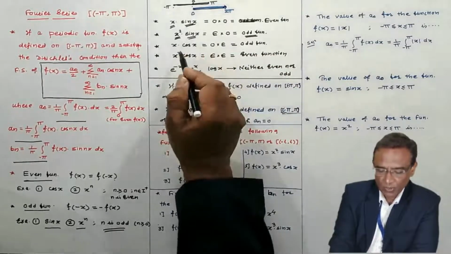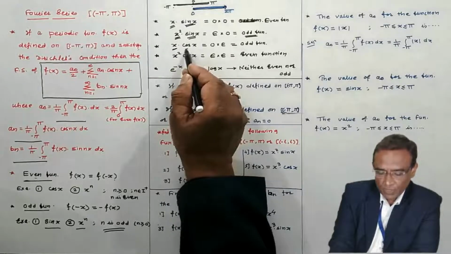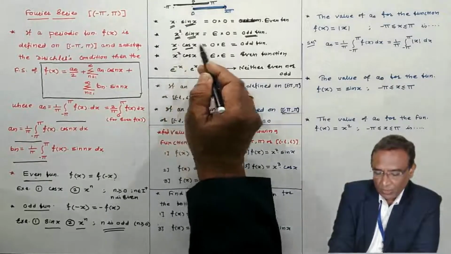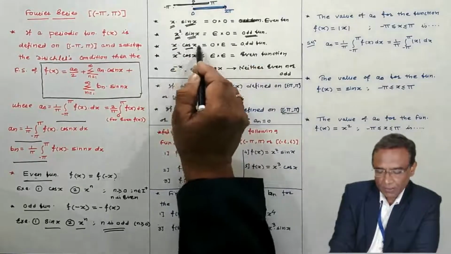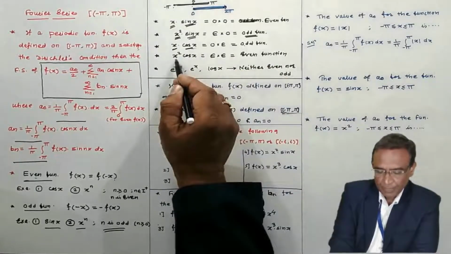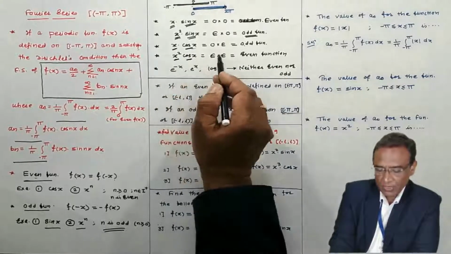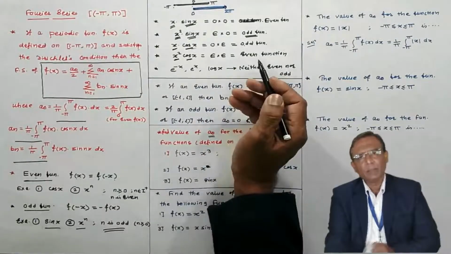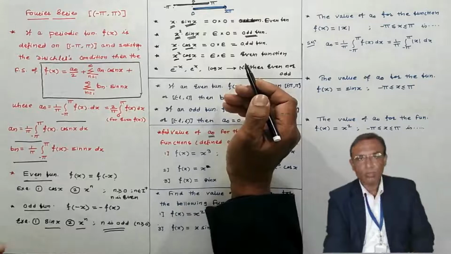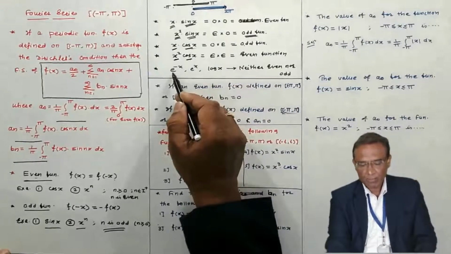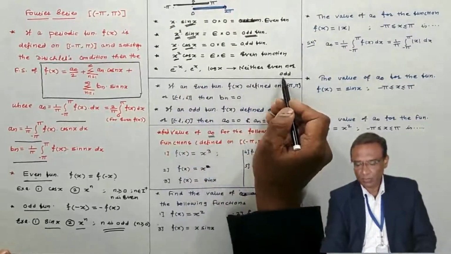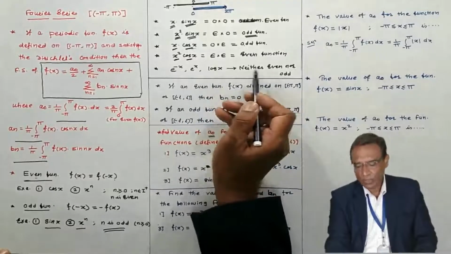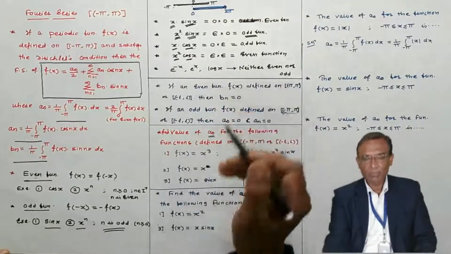This complete function is odd; this is odd, this is even, odd into even is what? Odd function again. Here this is even, this is even, even multiplied by even is an even function. But there are many functions which are neither odd nor even. For example, e to the power minus x is neither even nor odd. e raised to x is also the same, log x is also neither even nor odd.